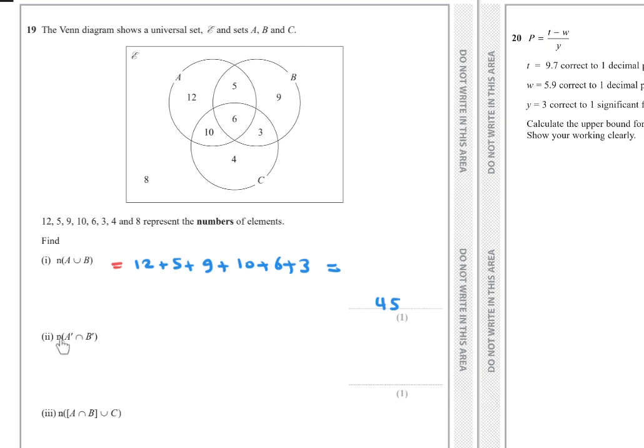Part two, the number of not A intersect not B. Not A intersect not B can be written as A union B all not. So A union B all not means 4 plus 8, which is 12.